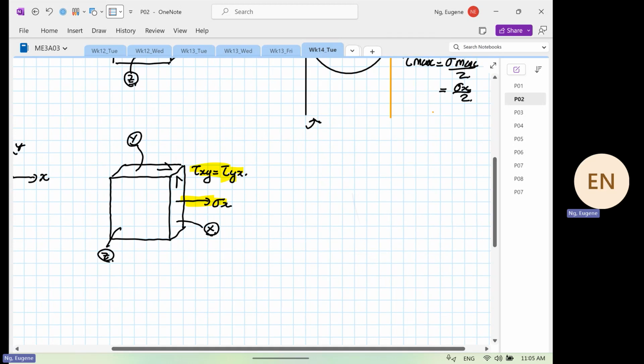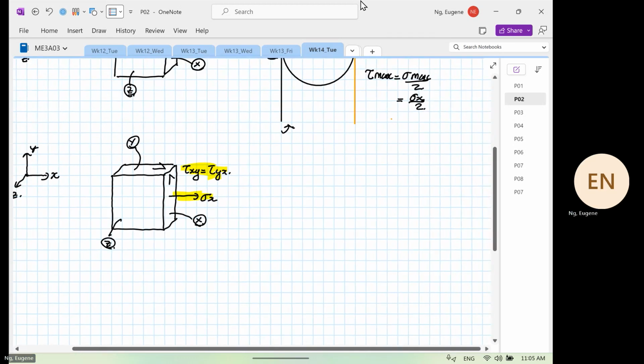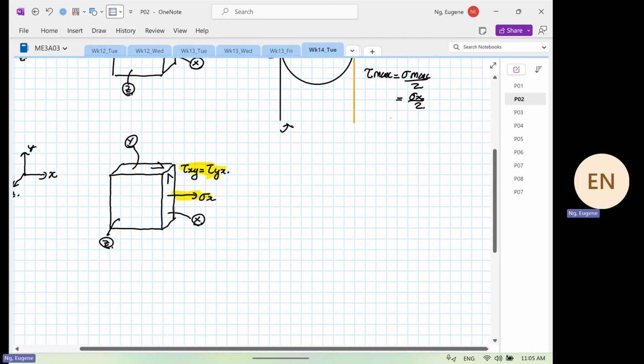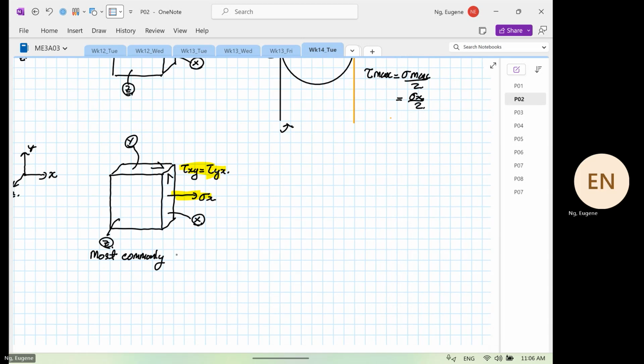So for this case, I will put down here that this is the most common loaded element.